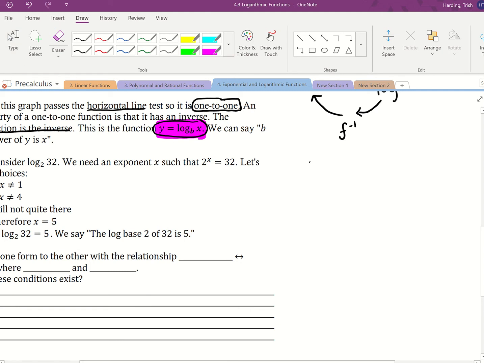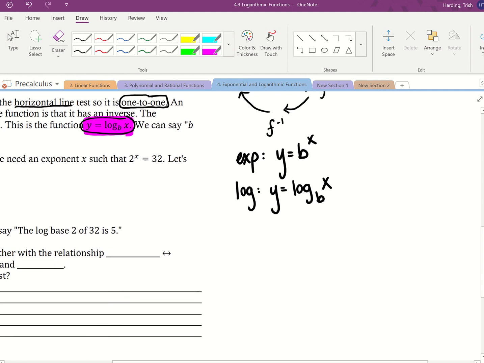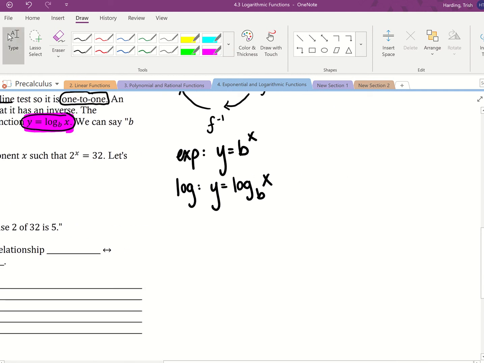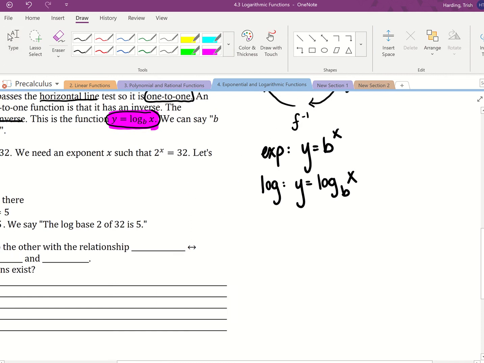So if we have an exponential, that's going to look like y equals b to the x. But the logarithm is y equals log base b of x, so that we will get b to the y equals x.